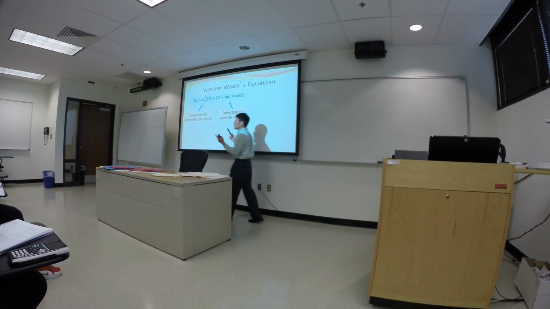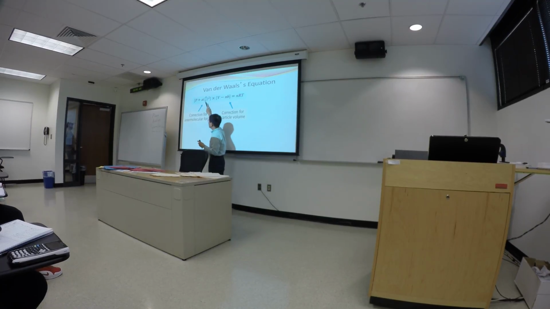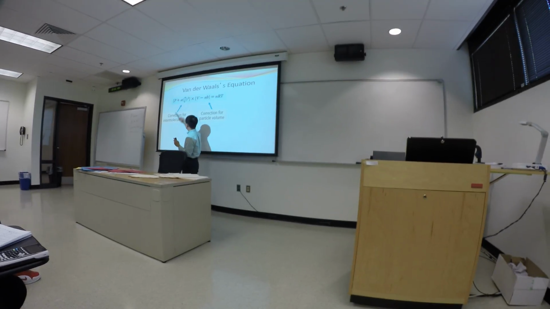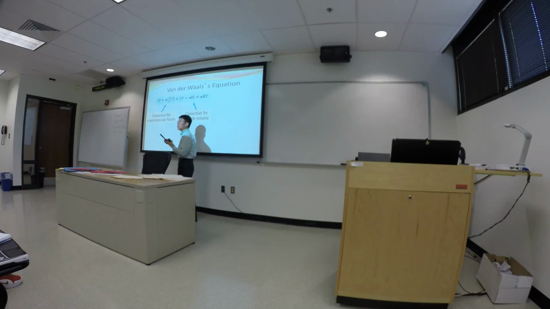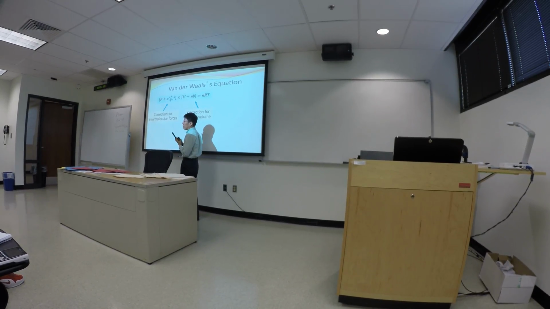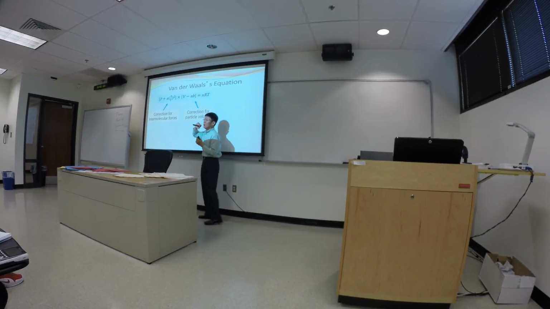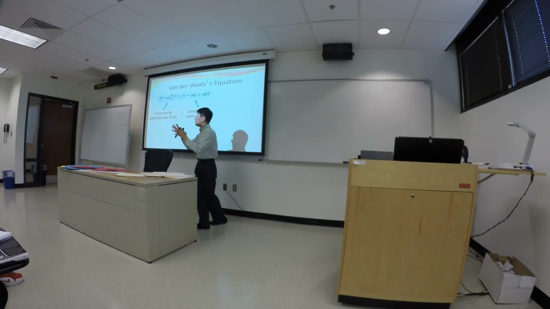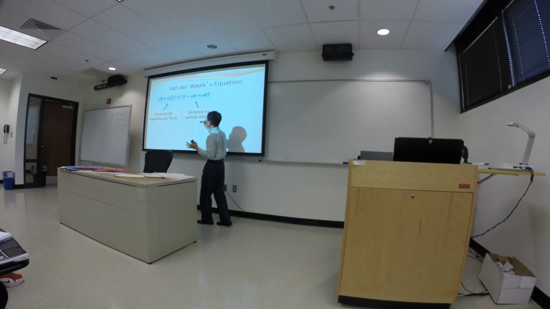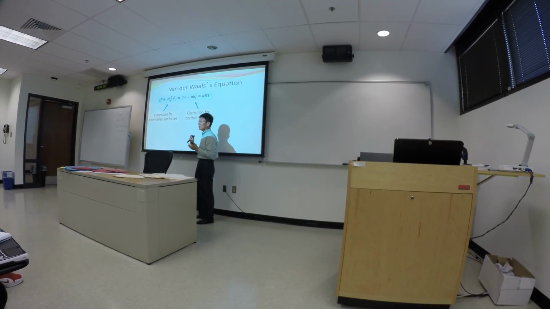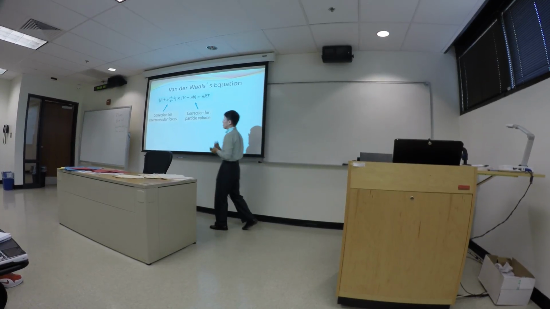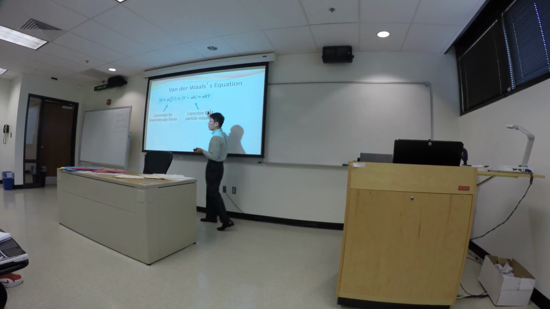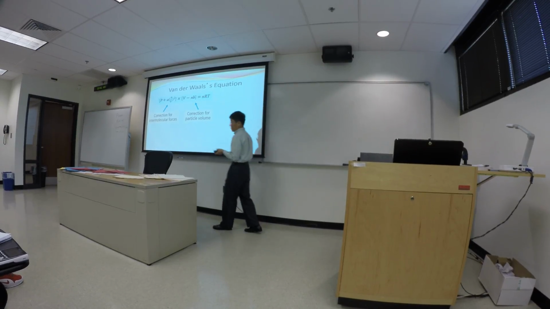It still takes the form of PV equals nRT, but we have to add a correction factor in the pressure because of the intermolecular interaction. We also have to add a correction factor for the volume. When you deal with the volume of the gas, you have to use the volume of the container and subtract the volume occupied by the gas molecules. And each gas molecule has a different size. So that still equals n, the number of moles, times R times T.